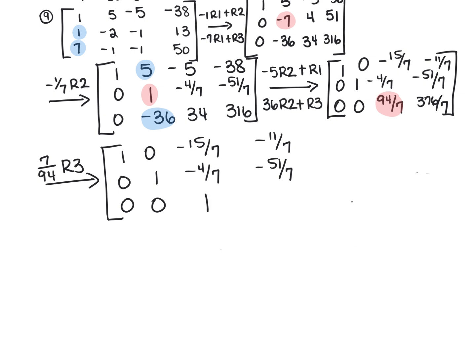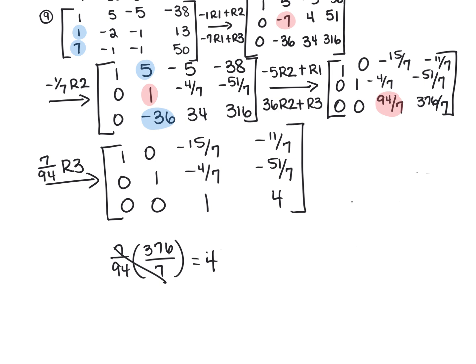And then I'm going to have 7 over 94, and I'm going to multiply that by 376 over 7. So the 7's cancel, and then we multiply straight across. So 376 divided by 94, and miraculously, that's a whole number. You never thought it in a million years, but there it is. What's nice about these is you suffer through the middle with all the fractions, but at the end, it always works out for you.